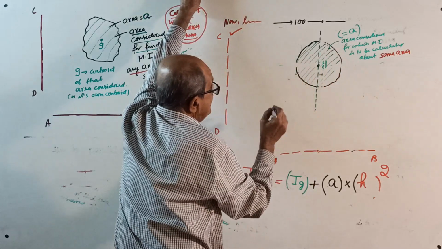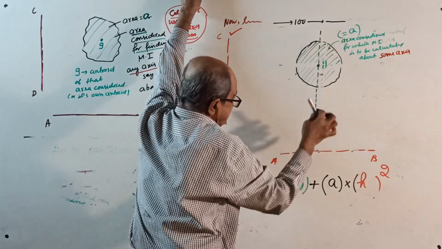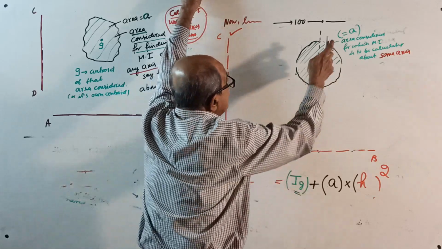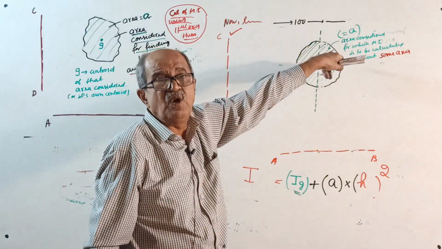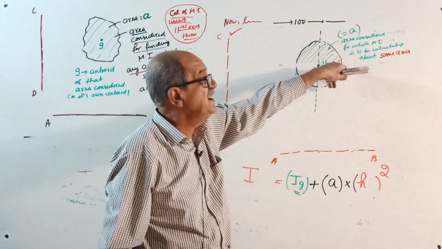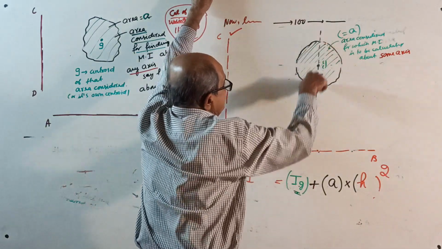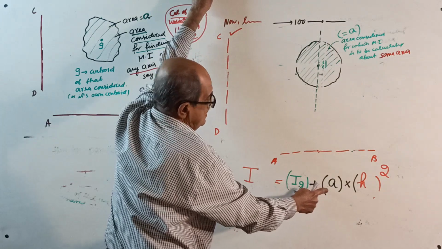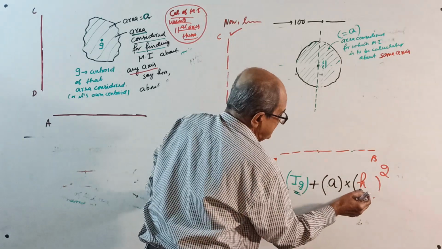Okay, now write what is I about this axis, that is IG. Its own centroidal axis, whatever you have just considered parallel to the required axis, IG. This IG is I about this axis plus area into, then the most important term is this.